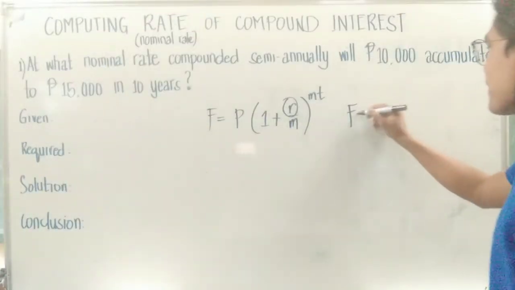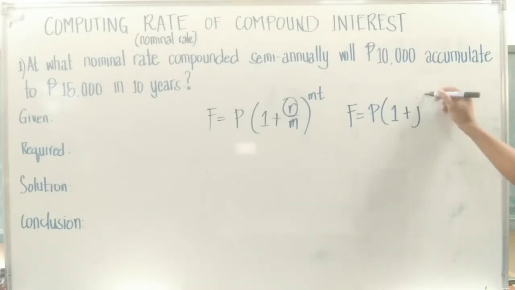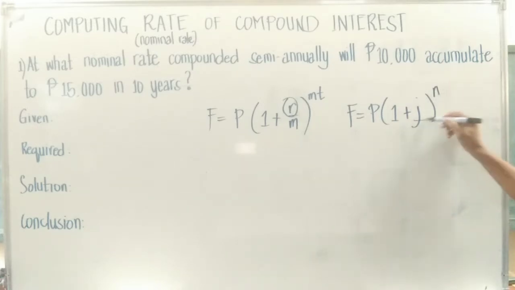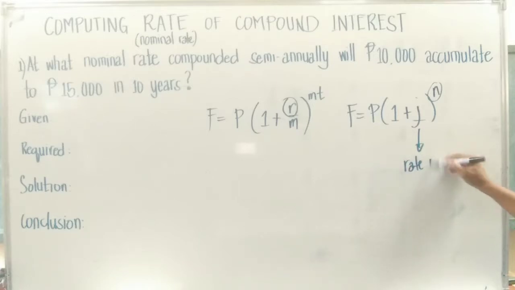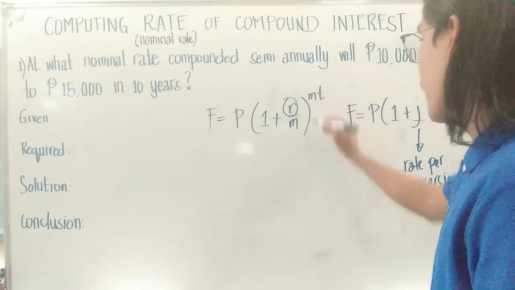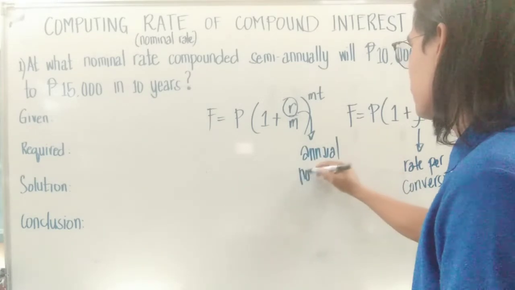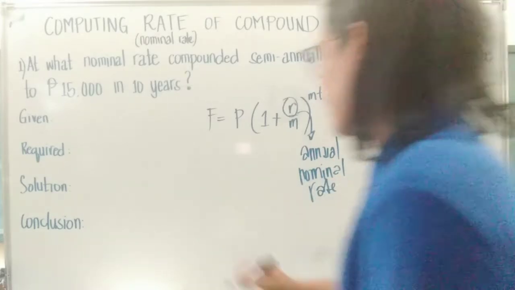And in some other cases, on formulas such as this one, we have F equals P times the quantity of 1 plus J raised to N, where J is equal to R over M and N is equal to MT. So this rate is known as your rate per conversion, and this one is your annual or nominal rate. Okay?